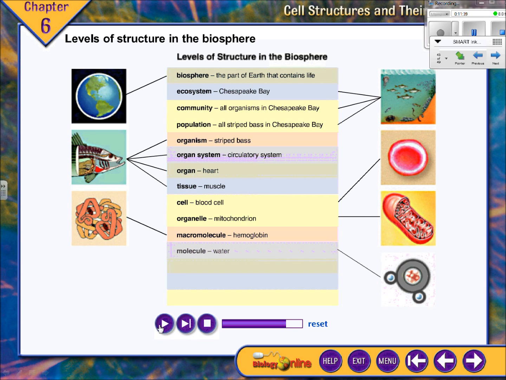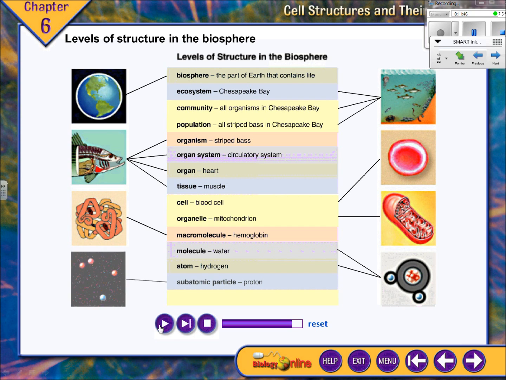Macromolecules are built from molecules, which are combinations of atoms. Atoms contain subatomic particles, including protons, which in turn are formed from elementary particles, such as quarks. When would you draw a line to distinguish between life and non-life?